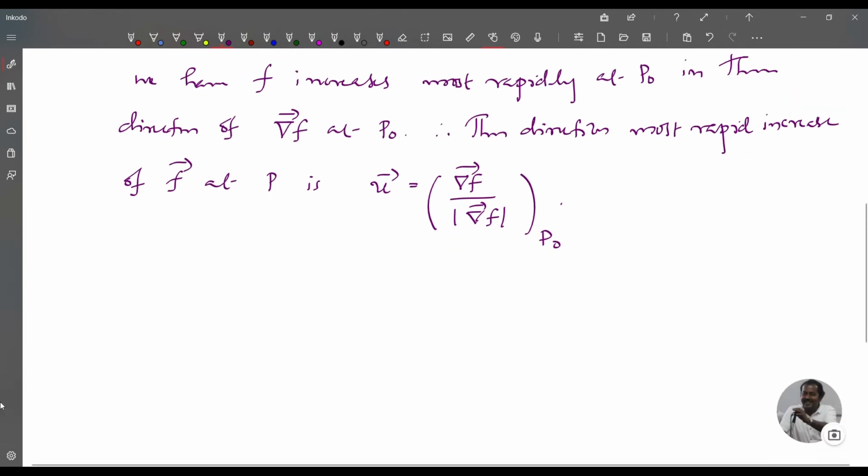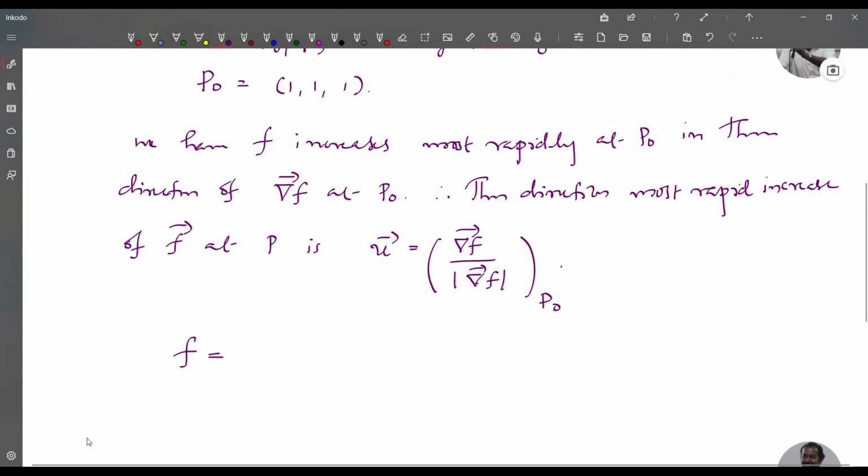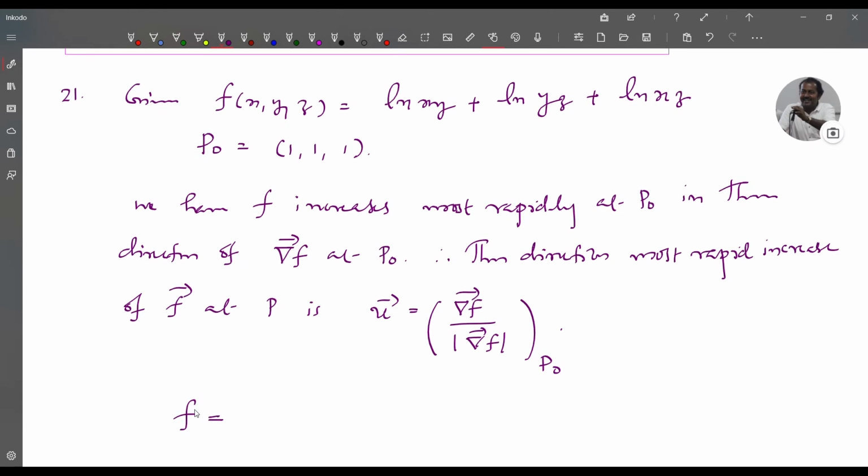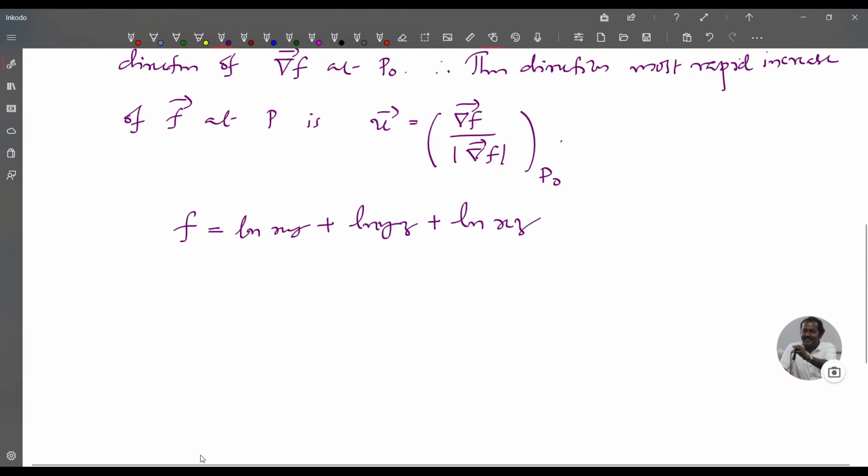So we have f equal to natural logarithm xy plus natural logarithm of yz plus natural logarithm of xz. Therefore, dou f by dou x equal to 1 by xy into d by dx of xy, so that is y, plus 1 by xz into d by dx of xz, so that is z.